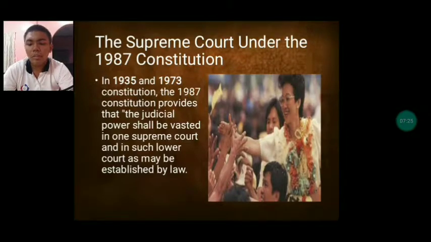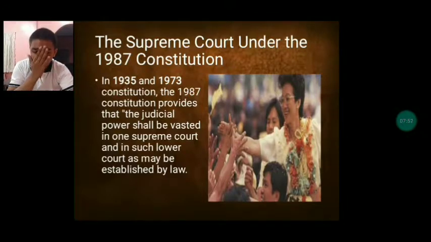But only the Supreme Court's decisions have doctrinal authority. It is the final authority on the interpretation of the Constitution and the construction of laws, beyond review by any branch of the government.